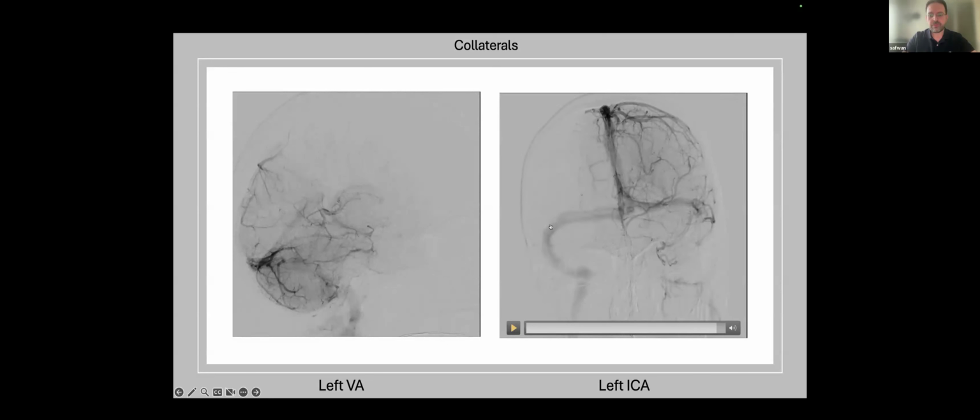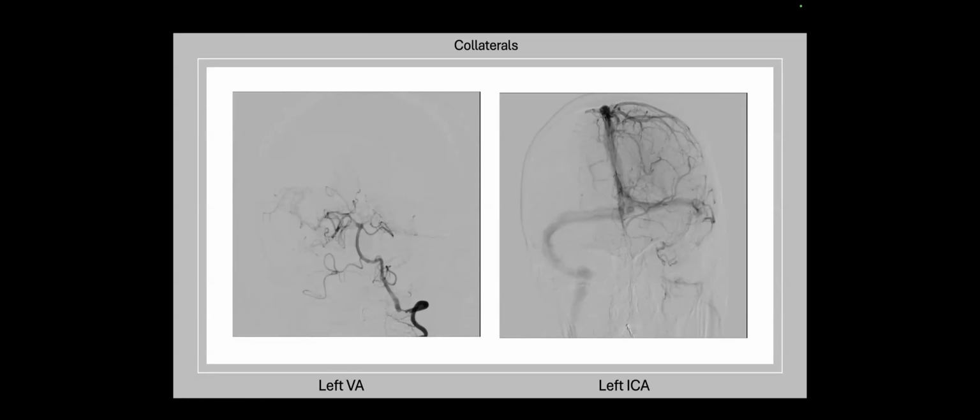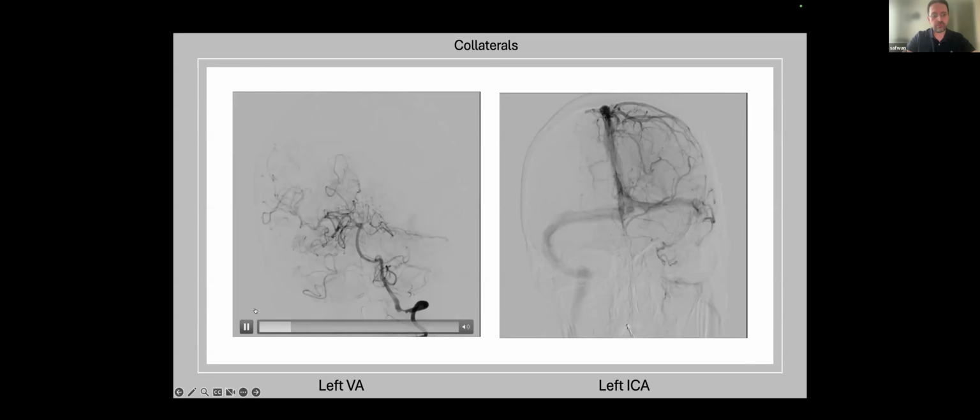Just the anterior, but the media does not really have good collaterals. So you show us the right external? Yes, we did it, of course I don't have it here, but there were no collaterals from the right external to the internal carotid artery.